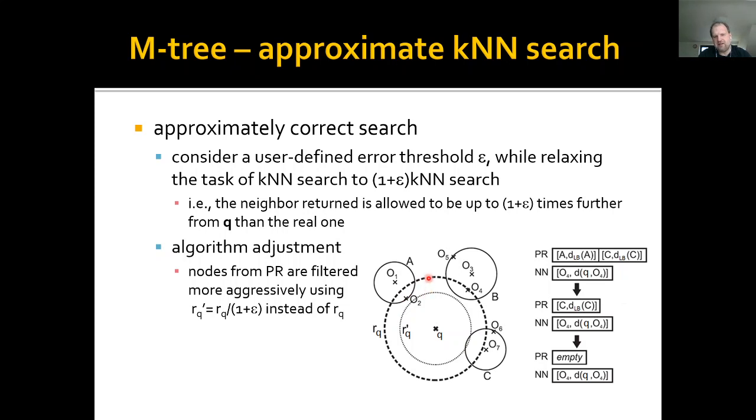Everything that is here could be missed, but once there was an object here, there would be another reduction of the radius needed, and it would be maybe O2 instead of O4, depending. So this is the effect. We get O4 instead of O2, but O4 is not that bad because it's limited by the 1 plus epsilon factor. Okay, so this was the second heuristic.